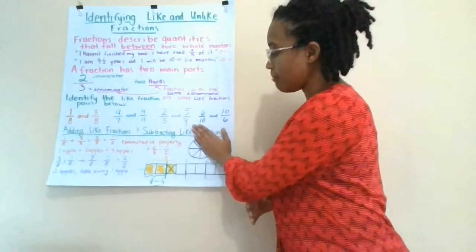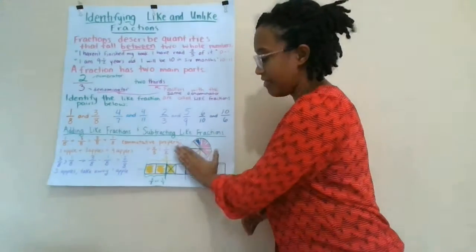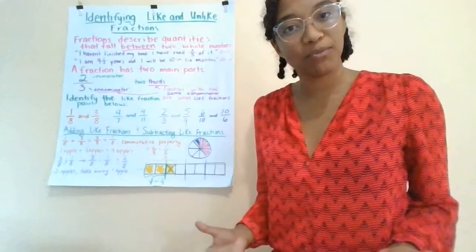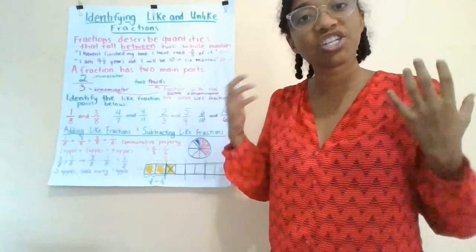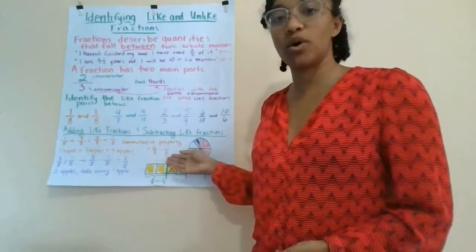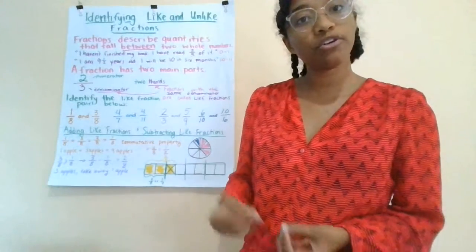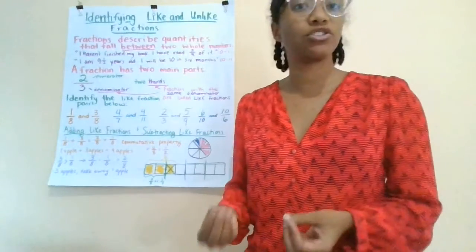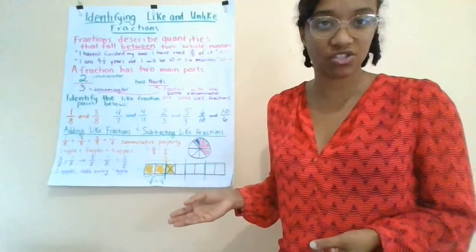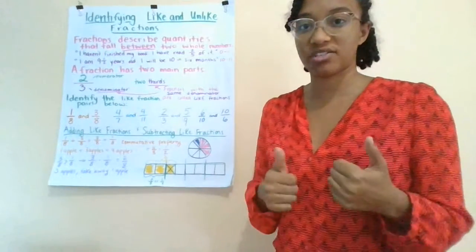If I cover up this part, and then I cover up this part, you'll see that those parts are equal. These 4/8 are actually exactly 1/2 of the circle. 4/8 equals 1/2, because 4 divided by 4 is 1, and 8 divided by 4 is 2, or because 4/8 of a circle is the same as 1/2 of a circle. Whichever way you want to think of it is just fine.